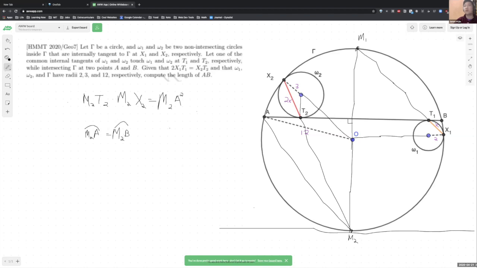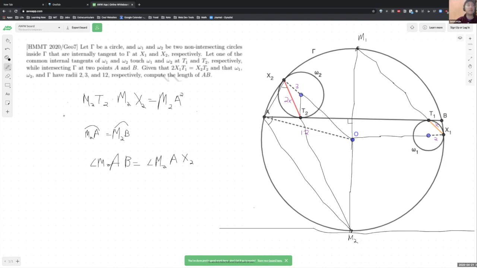And in that case, we have that this angle right here, angle M2AB, is equal to another angle right here, which is angle M2AX2, right?